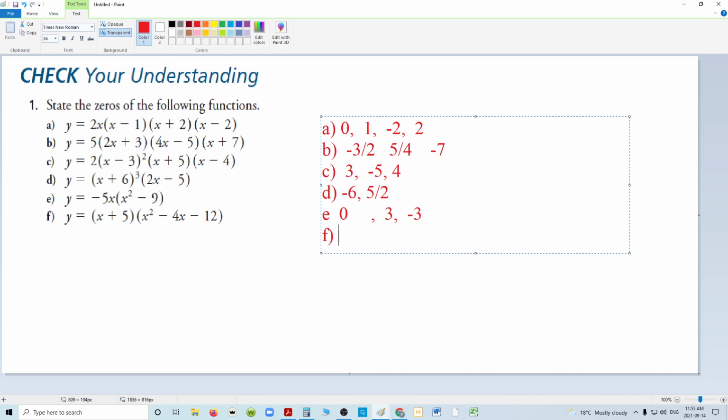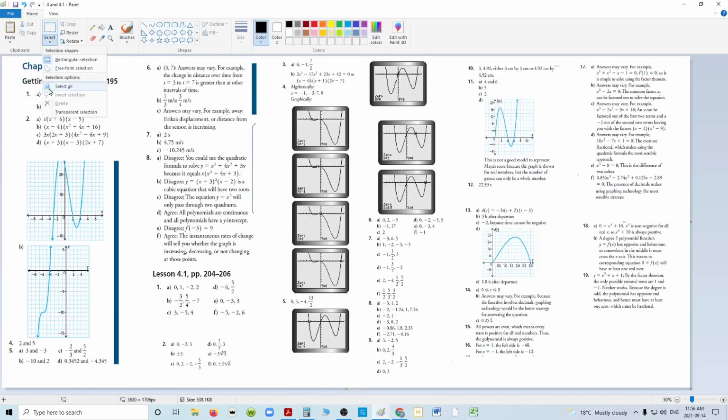And finally, f minus 5, and you've got to factor the next one. And it's clear that the next one is a number that adds to -4 and comes out to -12. So that's -6 and -2, which means the zeros are 6 and 2. Now if you grab your answer sheet, you'll see that they'll give them right there.